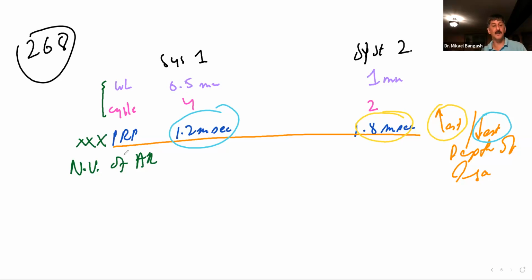What we actually need is to calculate our axial resolutions. The numerical values for the axial resolutions are going to come from your wavelengths and your number of cycles. So for system number 1, we have 4 cycles, and each cycle was half a millimeter.